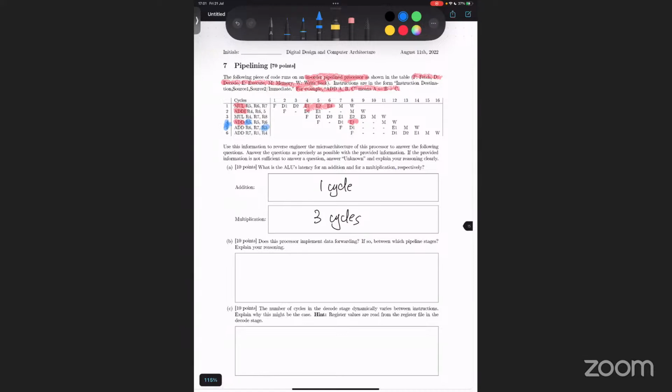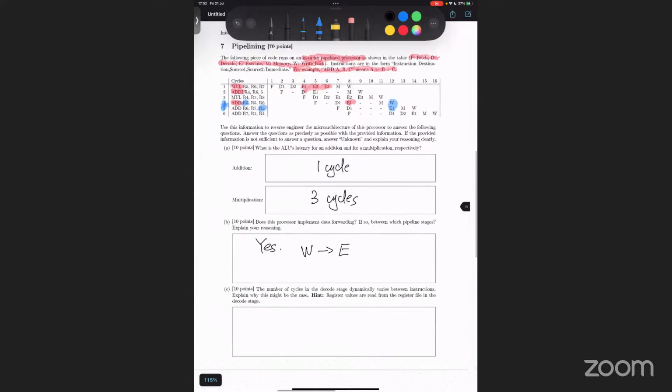If we take a look at the pipeline diagram, we can see that instruction 5 already starts the execution stage, while instruction 4 is still in the write back stage. So we can say that the processor implements data forwarding, and it's between write back and execution stage.